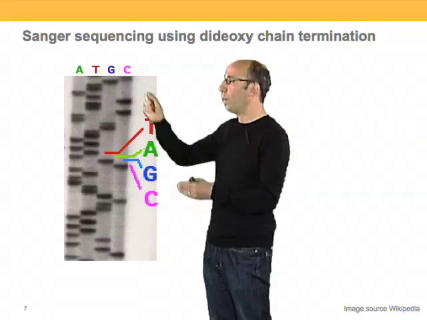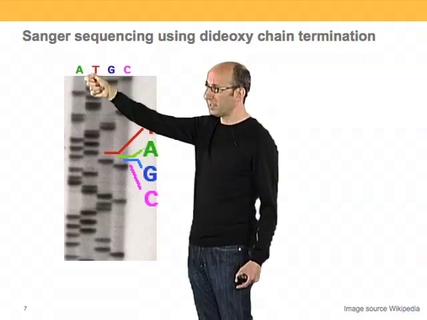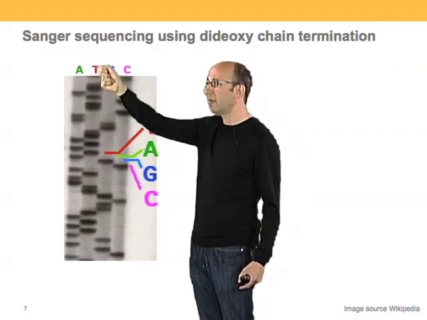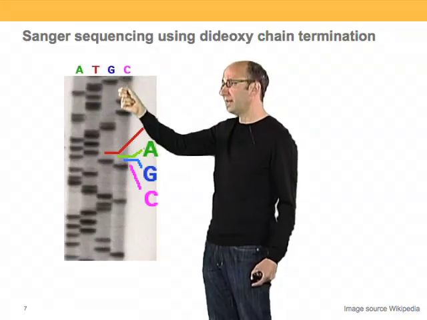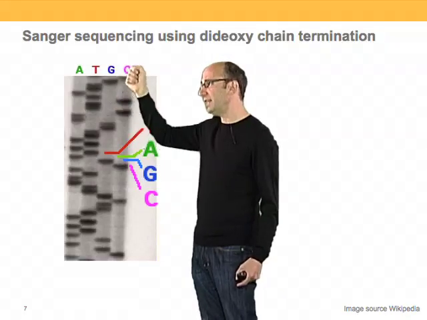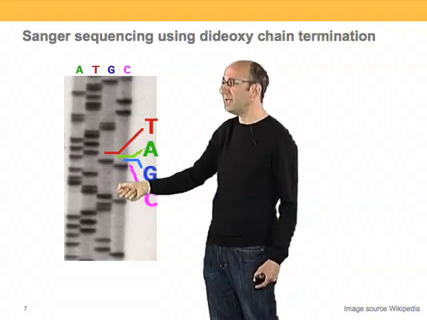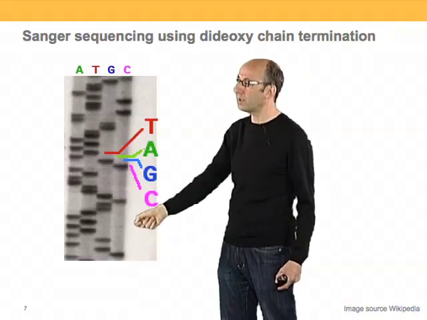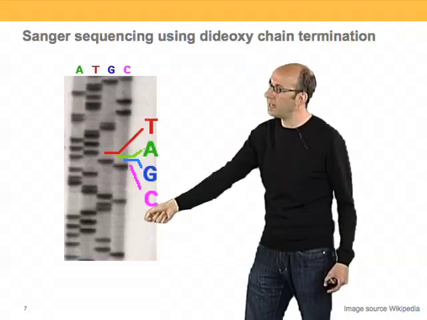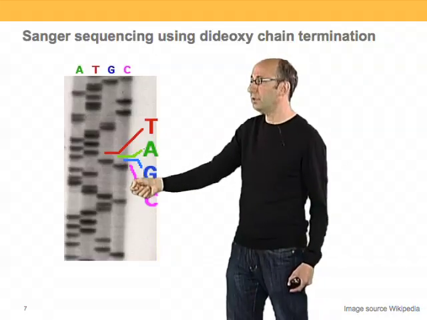And what Sanger would do then would be to run 4 reactions, the reaction containing the dideoxy A, the dideoxy T, dideoxy G, and dideoxy C next to each other. And in each of these reactions, you would get different size pieces indicating that the DNA template at that position had the given nucleotide.